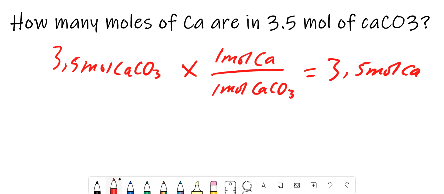If it was carbon, it was gonna be the same answer, and if it was oxygen, it was gonna be a different answer, because you're gonna have 3 moles of oxygen over 1 mole of calcium carbonate. So you just have to look at your given compound. Next time you get this question, it will only take less than 1 minute to answer it. Let's go to the next question.